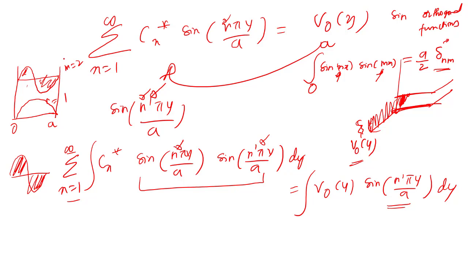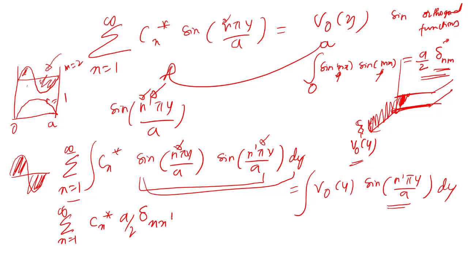So that's how we are going to solve for this equation. We have a by 2 delta nm here, so I can plug that in. Then I would have the sum from n is equal to 1 to infinity of Cn star, and this integral itself is going to give me a by 2 delta n n prime, and that is equal to the integral of v0 of y sine n prime pi y by a dy.